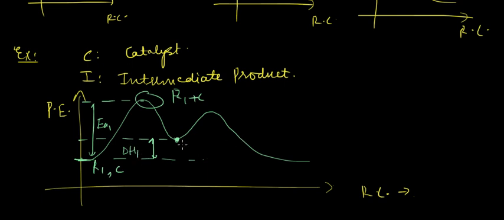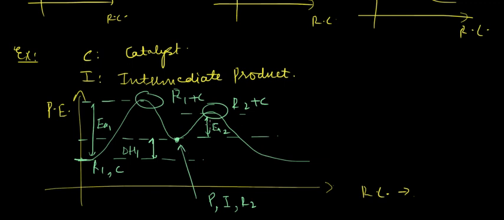This is nothing but product P or intermediate, which is R2 or the reactant for the second reaction. For the second reaction, EA2 as the activation energy would be required, and here R2 plus C, or rather R2 plus I, would be here.